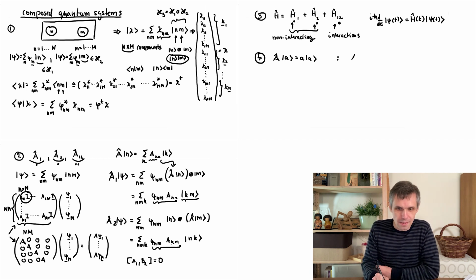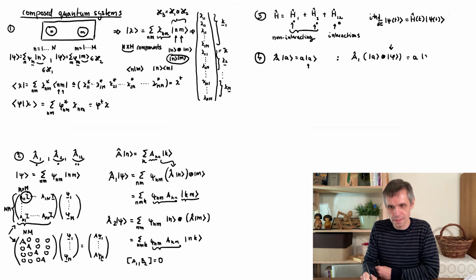If this represents an observable acting on the first part of the system, then we can simply write all the eigenstates in this composed situation as the product of this eigenstate here and a completely arbitrary state of the second system. Because according to our rule, this will simply give us exactly this result here.